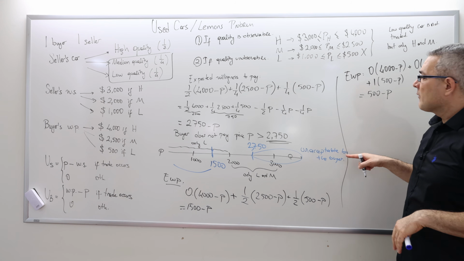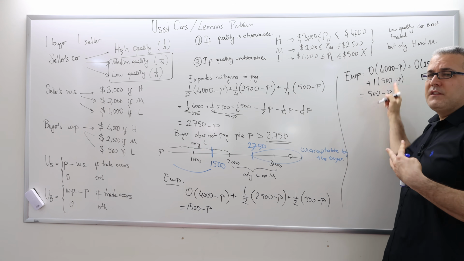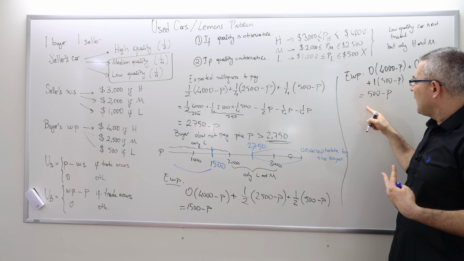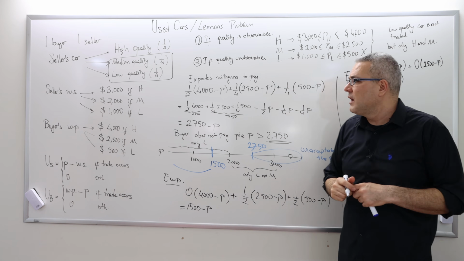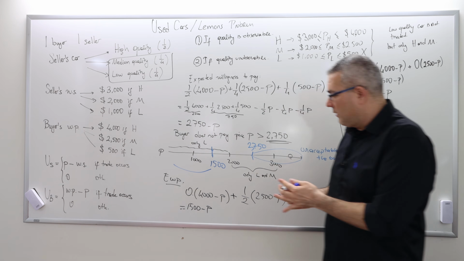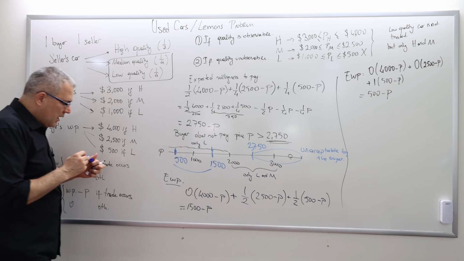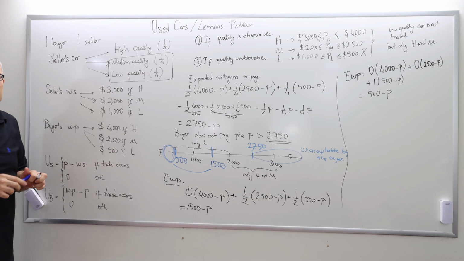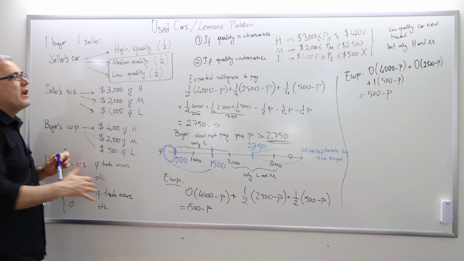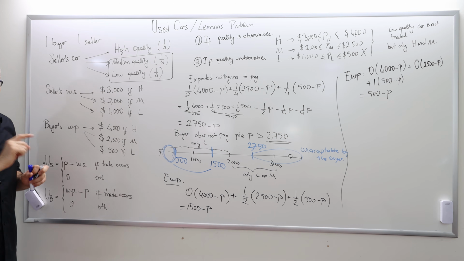So therefore, the buyer should update his beliefs and his utility. And so he is actually not going to pay more than $500. And then finally, let's put 500 here. So the price is going to be less than or equal to $500 in this market when the information is asymmetric. But are we done?